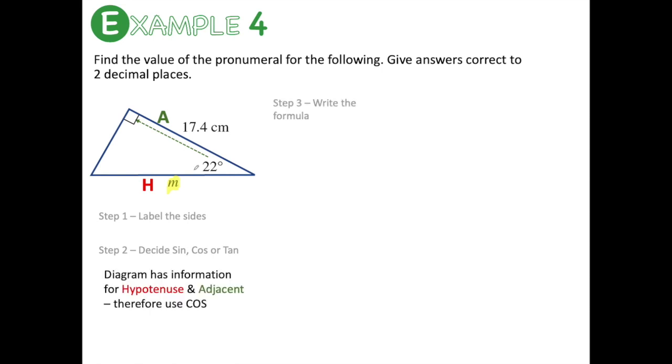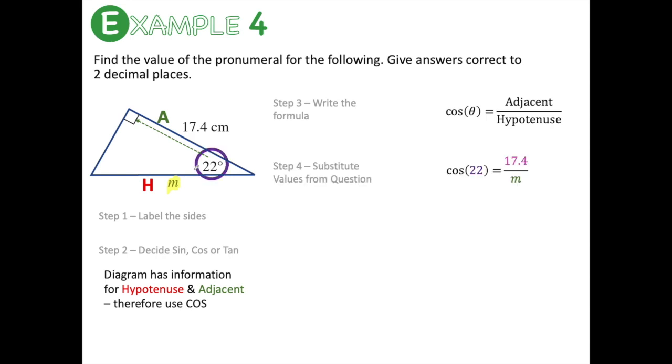So step 3, write the formula for cos. That is going to be cos of the angle is equal to adjacent over hypotenuse. Substituting in my values, adjacent is 17.4, hypotenuse is M. So cos of 22 degrees is equal to 17.4 divided by M. Taking the value of M, which is in my denominator, multiplying it by both sides, M times cos 22 is going to equal 17.4.